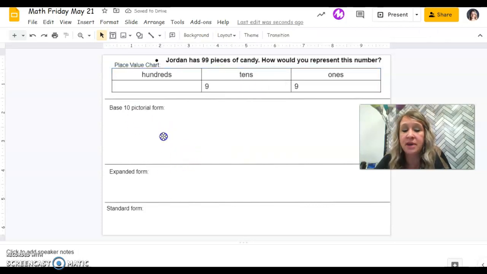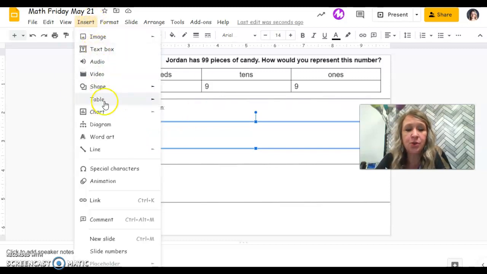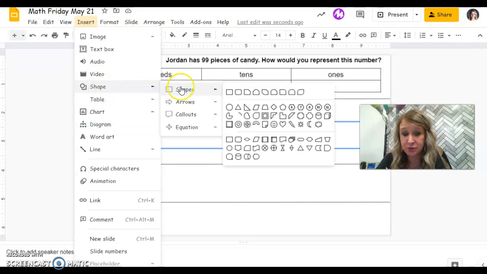Now we're going to use a base 10 pictorial form. So that means that we are going to use our longs and our units. You're going to draw them, but I'm going to make them because that's easier for me.